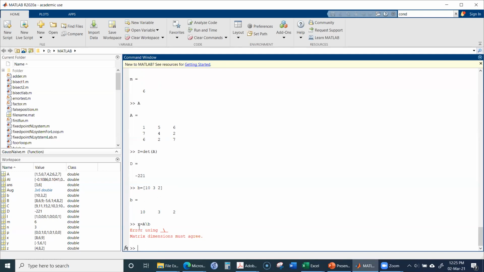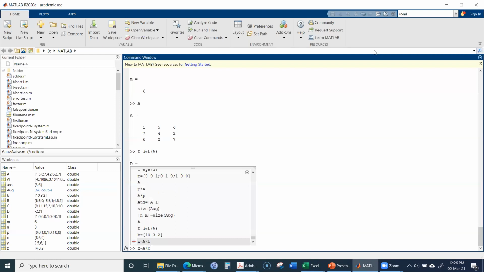But when I tried x is equal to A backslash B to find the solution in terms of x, I had an error. You should have 3 rows. Yes, right. So I have defined B inaccurately.